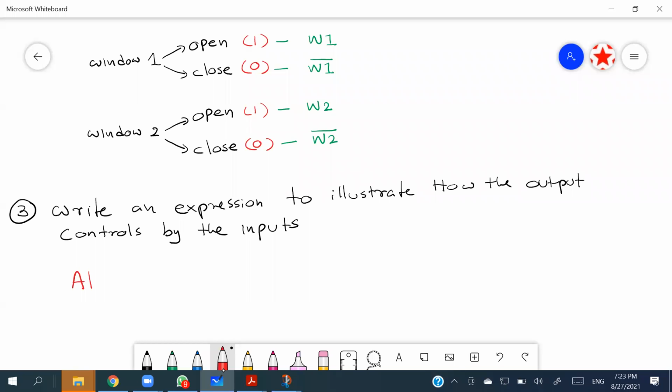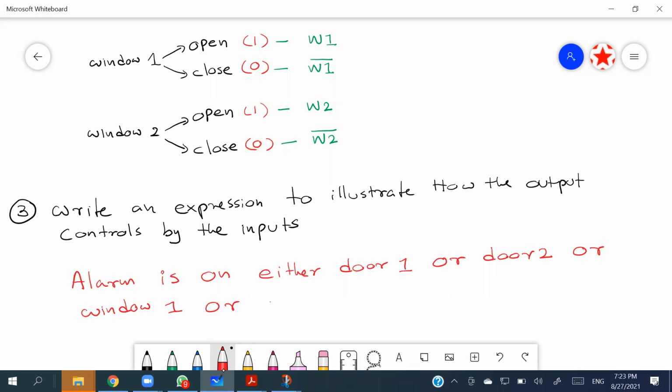I'm going to say alarm is on either door 1 or door 2 or window 1 or window 2 is open, right?